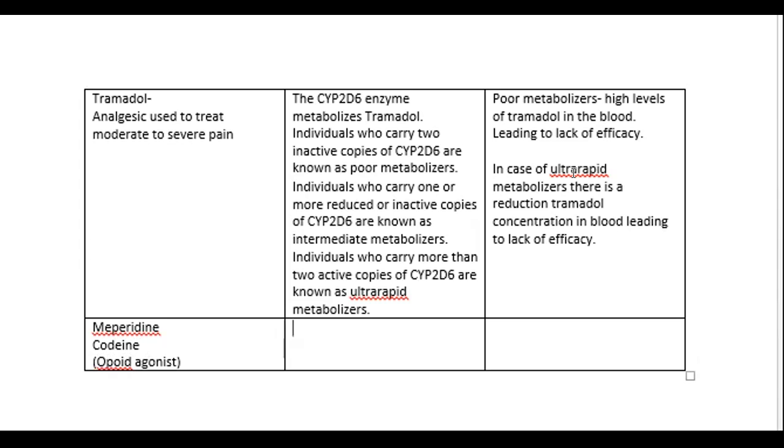Even these are being metabolized by the CYP2D6 enzyme, so the same is applicable here as well. Meperidine and codeine are not the active forms; they are being converted by this enzyme into the active forms. So in case of poor metabolizers, their levels will be high in the blood, leading to the lack of efficacy.